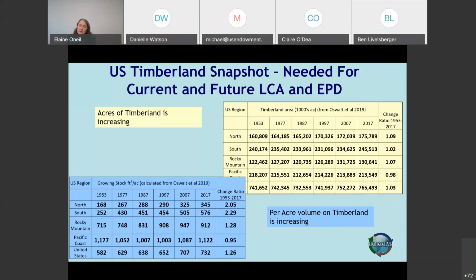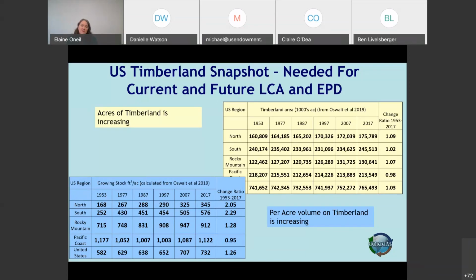So this is a place where we can go to the FIA data and start to look at it and say, overall in the US, we can check that box and say, yes, our carbon on the land is stable and increasing. We can say that regionally there are a few challenges. If we look over the time period that's currently published in Oswald 2019, you can see those change ratios.